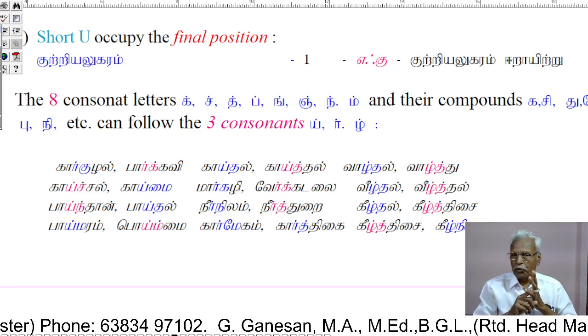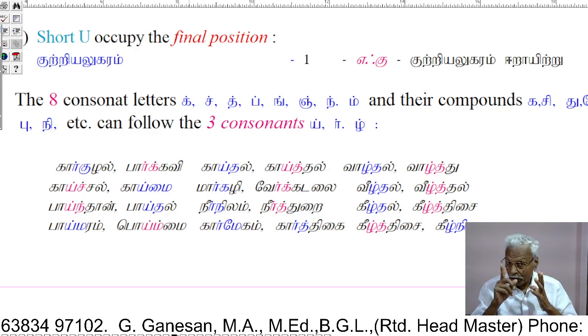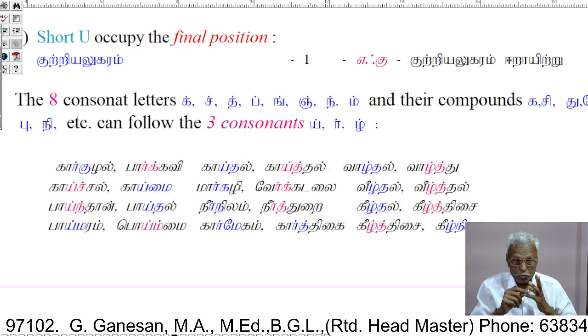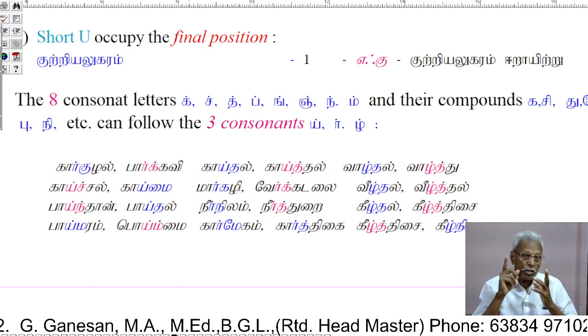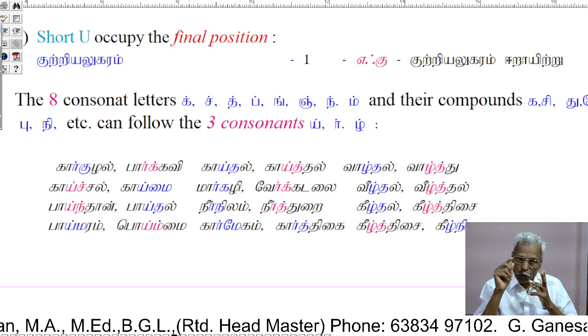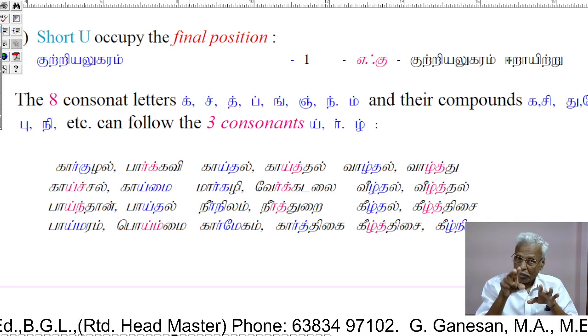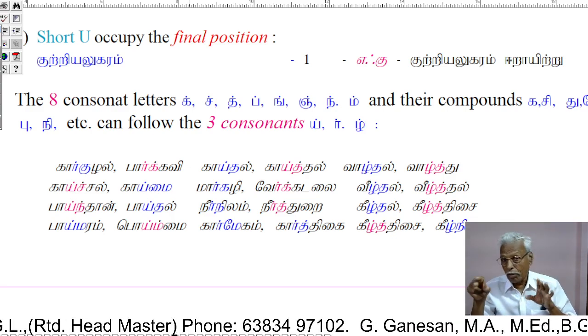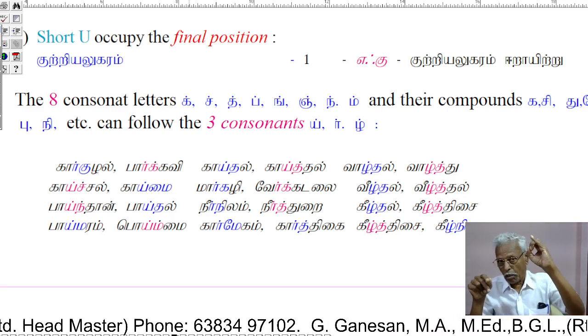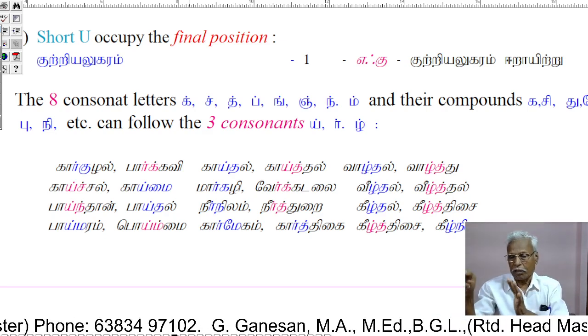That is, dear students, in Tamil it's the special rule. There are 18 consonants. Out of the 18 consonants, only 3 consonants could appear either at the middle or at the end of a word. Out of the 3 consonants, the first one should be e, ir, or l.